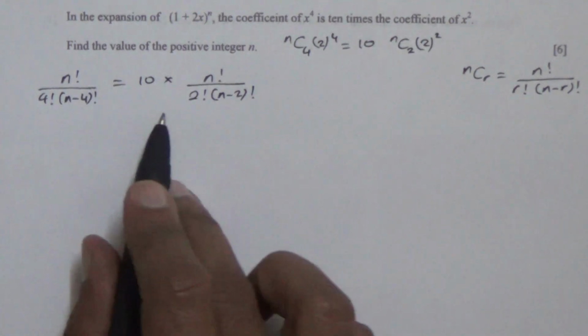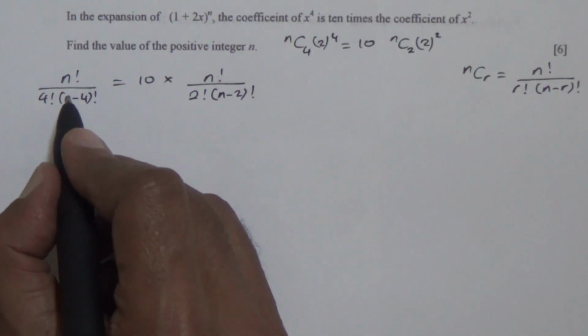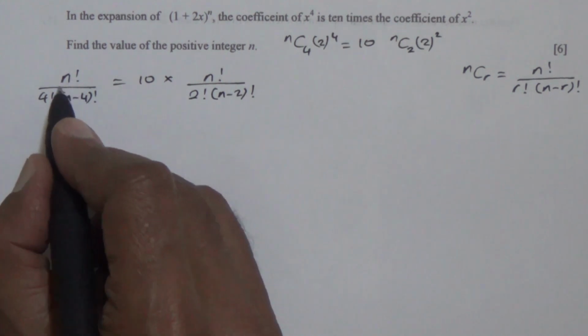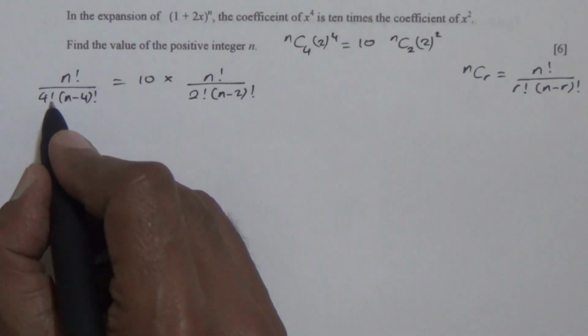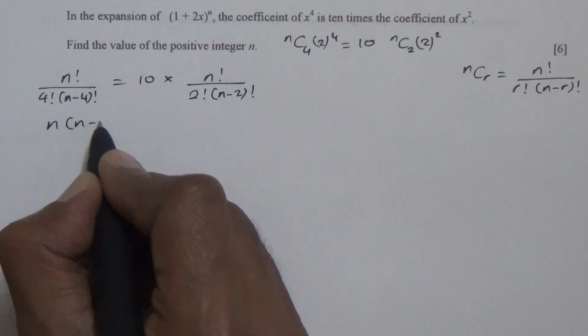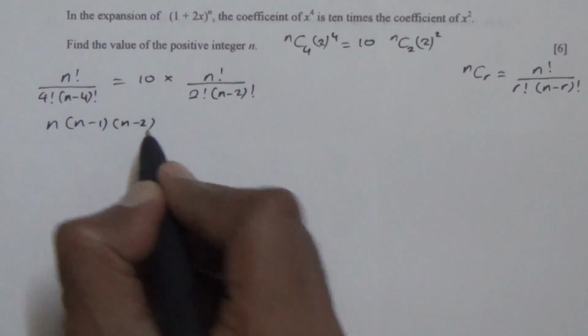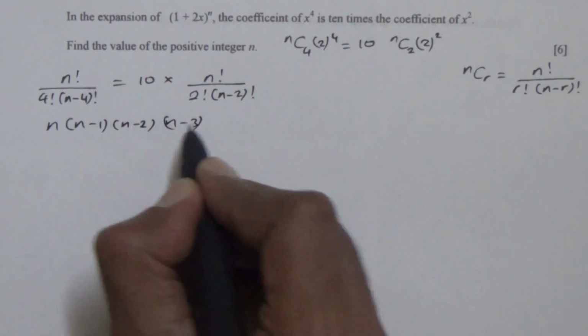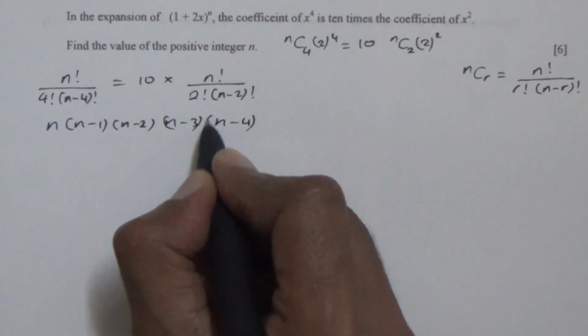So we're going to have to expand this. Expanding n factorial here, because we're talking about 4 factorial, that's going to be equal to n into n minus 1, n minus 2, n minus 3, n minus 4.